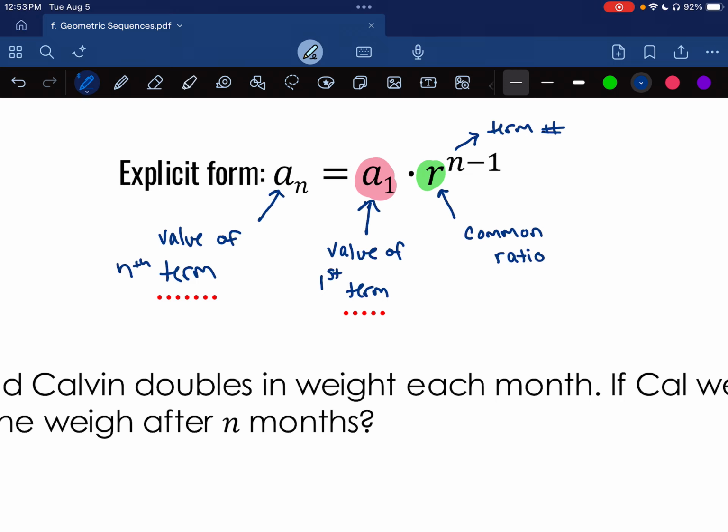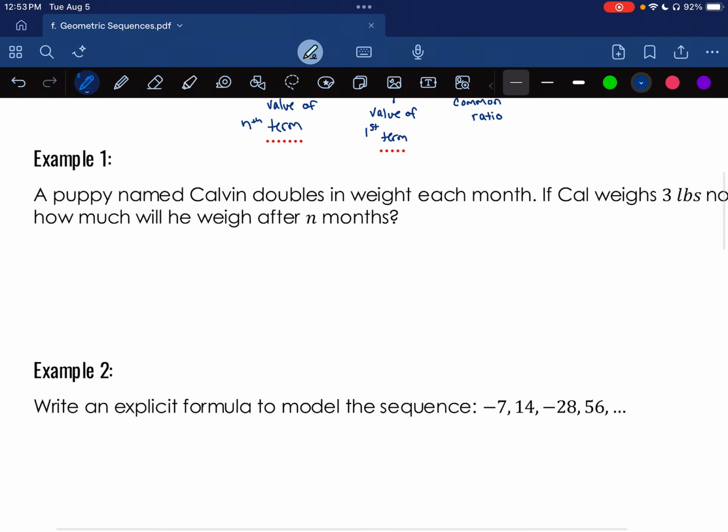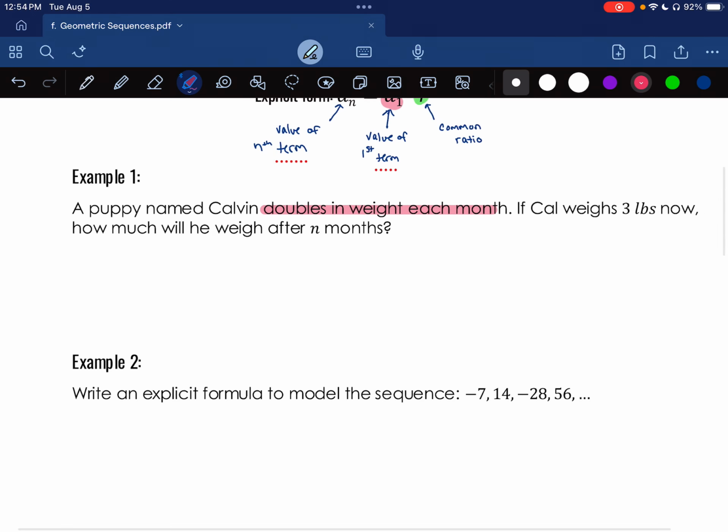All right, we're going to talk about puppies because who doesn't love puppies? We have a puppy named Calvin, and he is doubling in weight each month. So his weight doubles every month. Oh, and I used the wrong color highlighter for that. This is our rate that's taking place, doubling every month. If he weighs 3 pounds now at the start, how much is he going to weigh after n months?